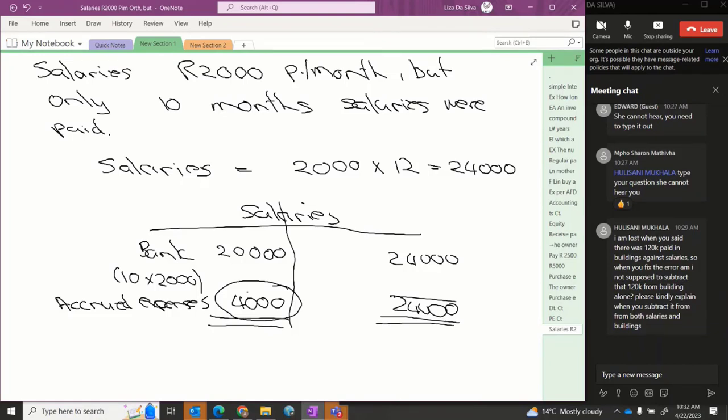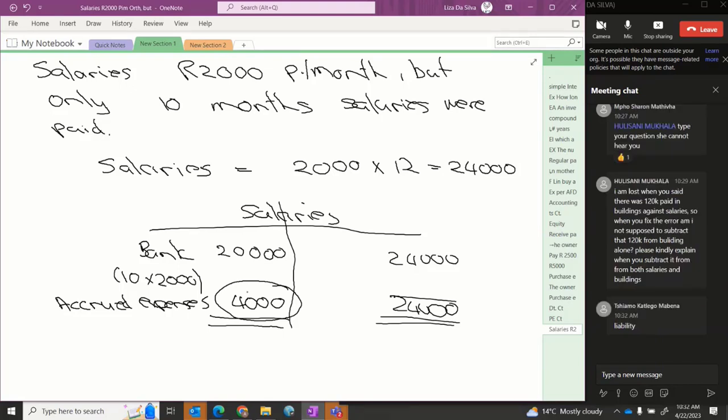Can you see that any expense, should it be salaries, should it be rent, should it be whatever? Yes, it's true. It's a liability. Why is it a liability? Because you have to take it to the credit side.